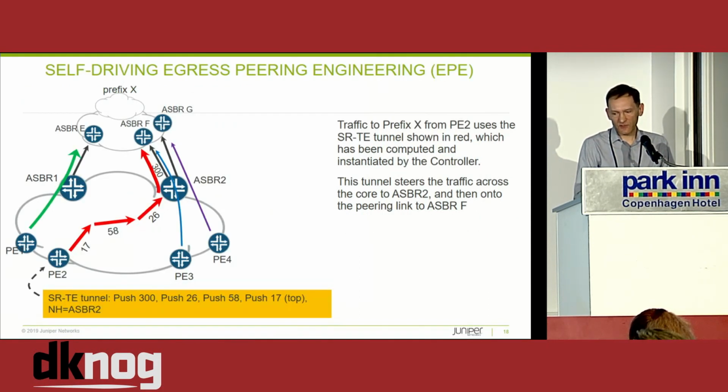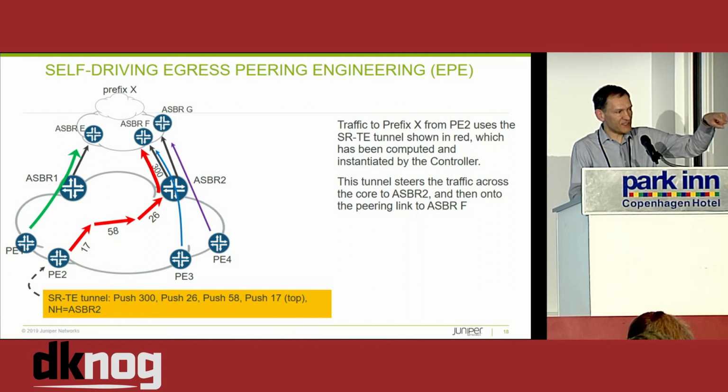The other aspect is that the controller is actually installing on the ingress PE, PE2 in this example, a segment-routed sequence of hops, which consists of, in the most fancy case, a sequence of hops to steer the packet in a particular way across your own wide area network, a traffic engineered path.